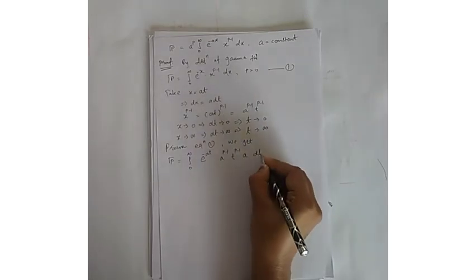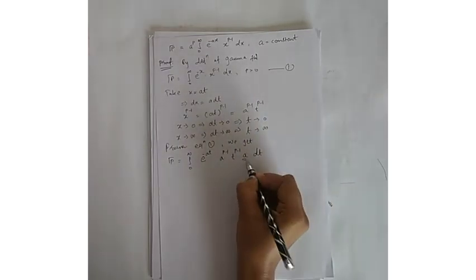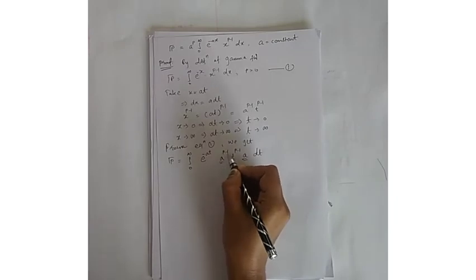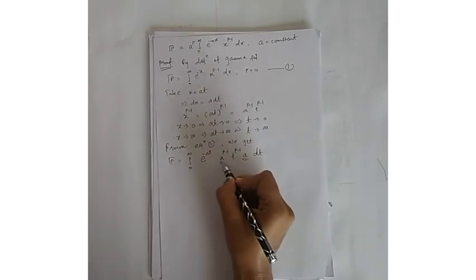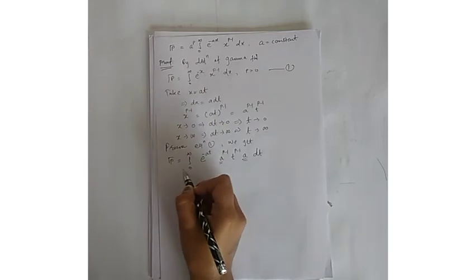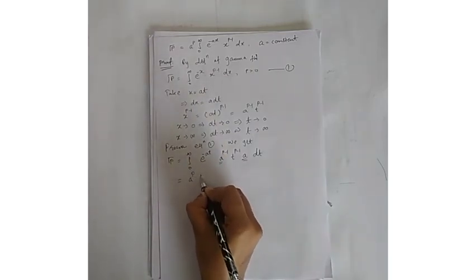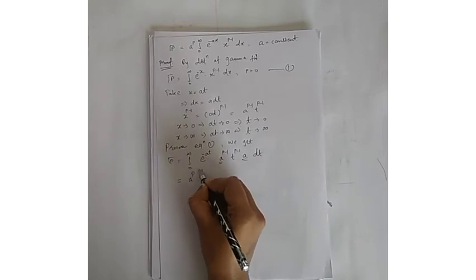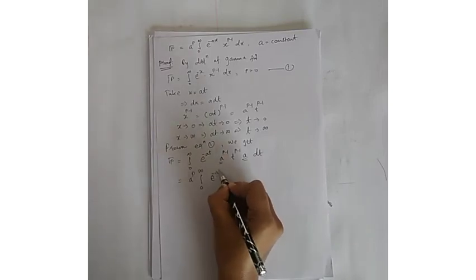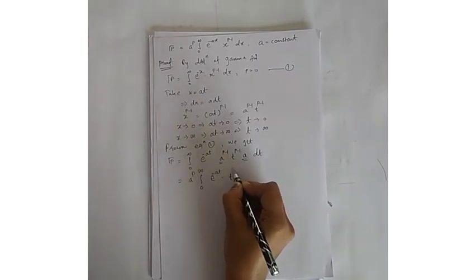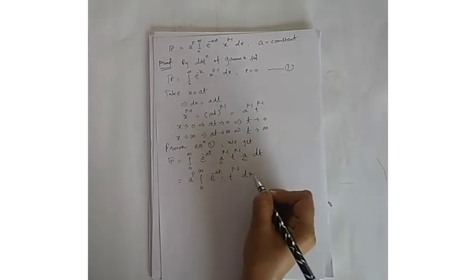Here there is a and here a raised to p minus 1, so it will become a raised to p, and I am taking it outside of this integral, so a raised to p into integration with limit 0 to infinity e raised to minus a t into t raised to p minus 1 dt.